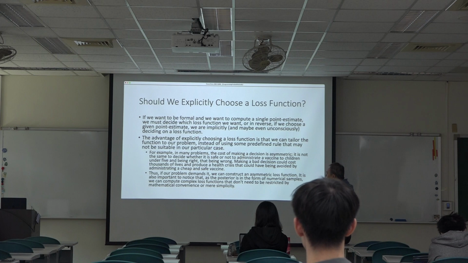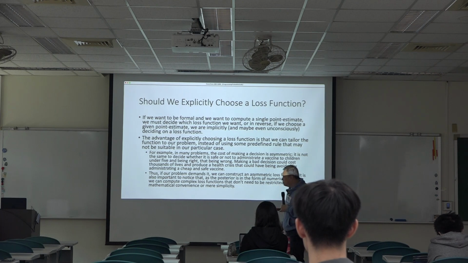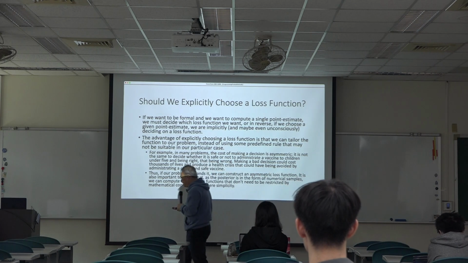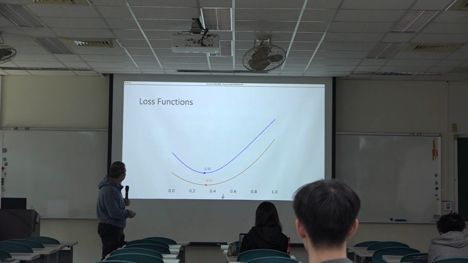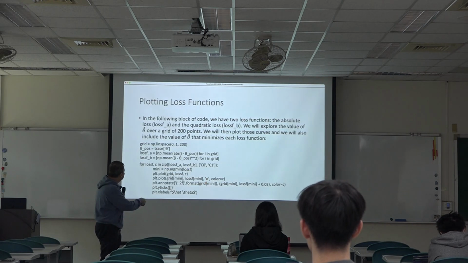It's also important to notice that the posterior is in the form of numerical samples, because remember we do this by using grids. So we can compute complex loss functions that do not need to be restricted by mathematical convenience or simplicity.